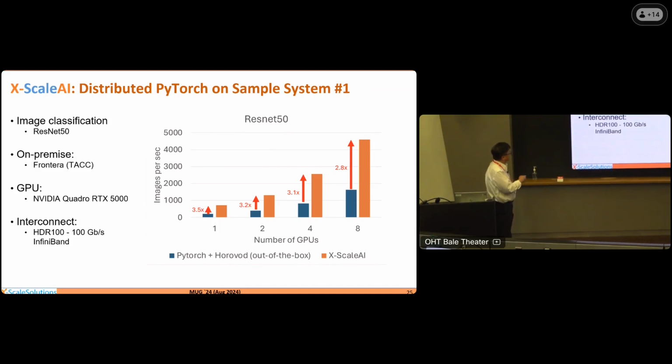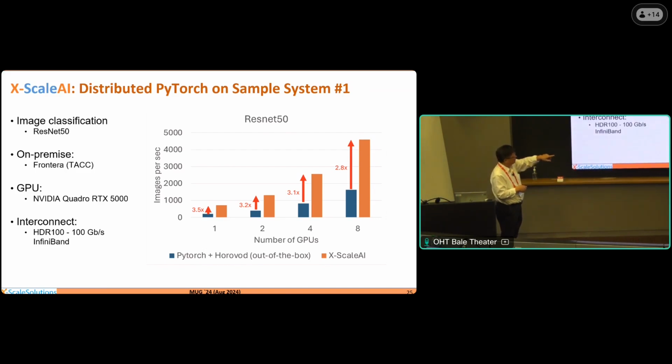And the interconnect is HDR, 100 gigabits per second InfiniBand. As you can see here, we're showing the performance benefit. And as the number of GPUs increases, because here, this one is 4 GPUs per node, the maximum we're showing is 2 nodes.